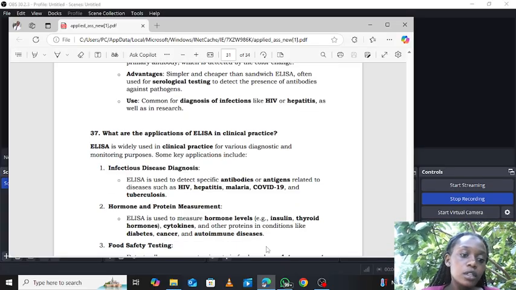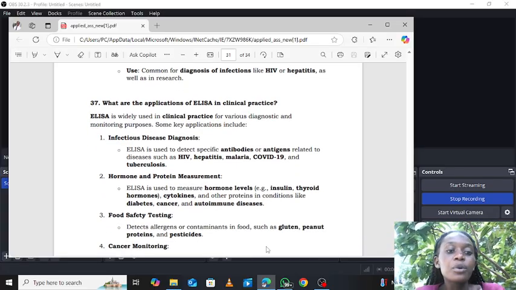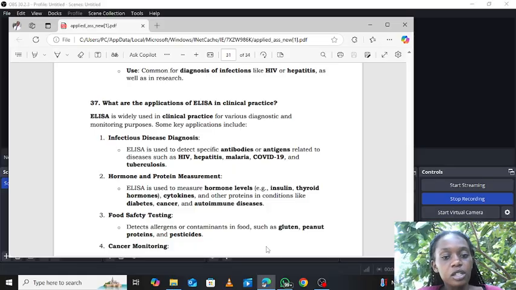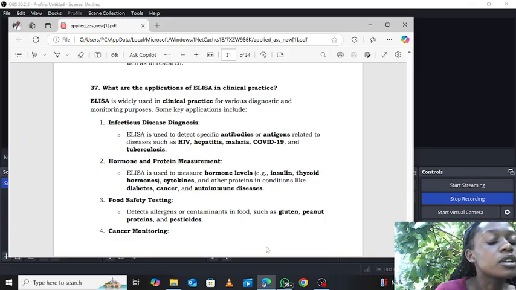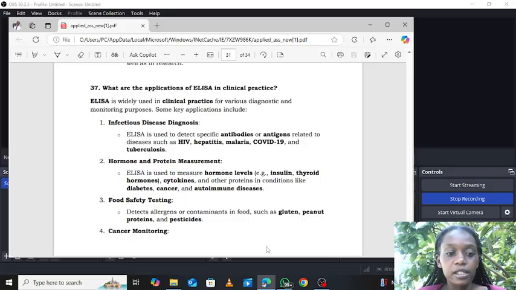We move on to the second question, which is 37, asking about the application of ELISA in clinical practice. ELISA is used in different ways. The first is infectious disease diagnosis.